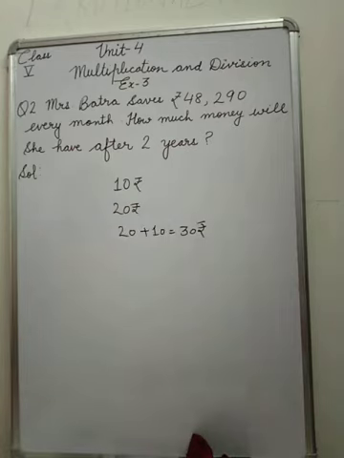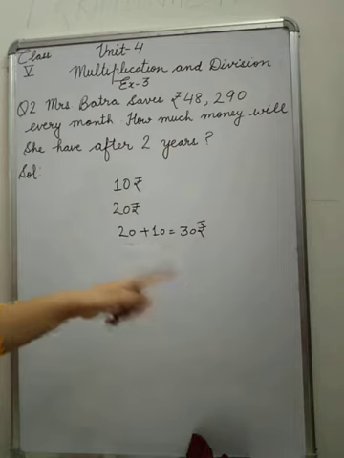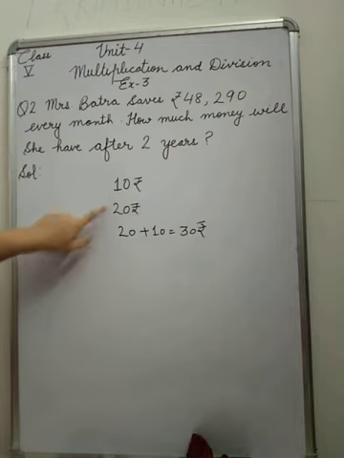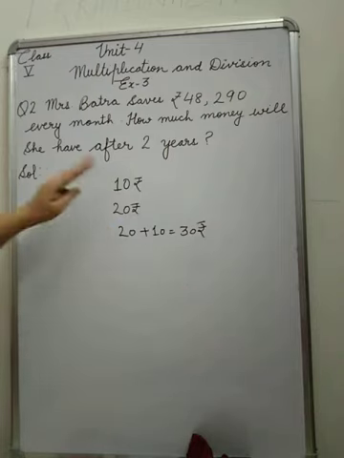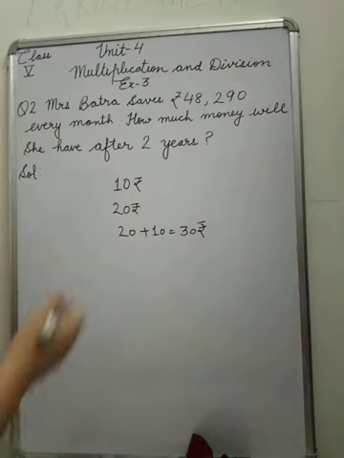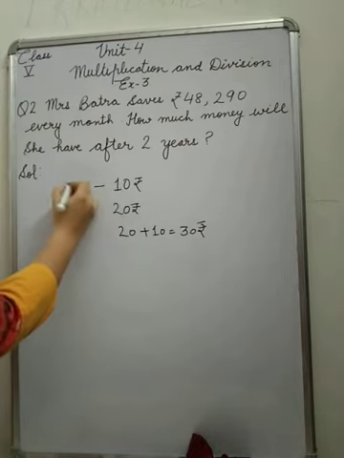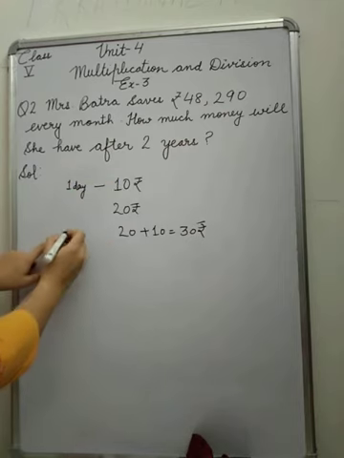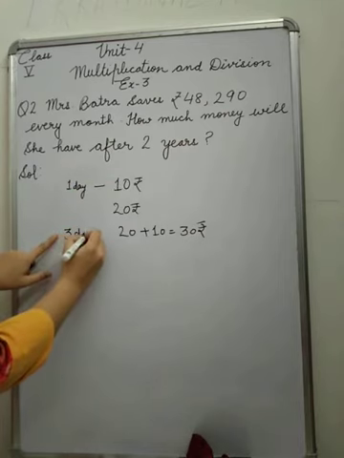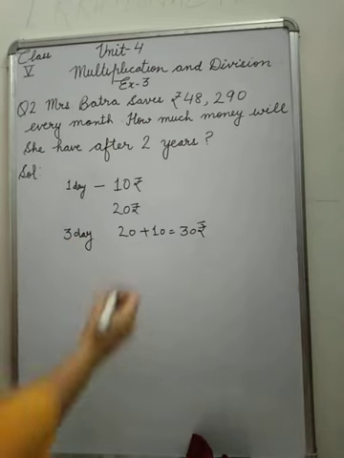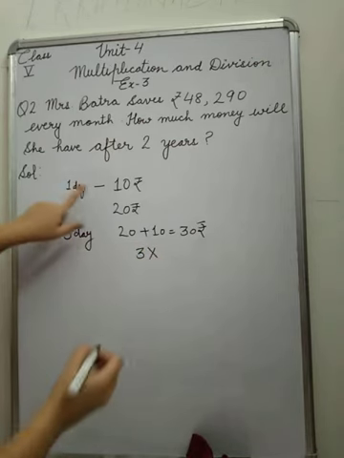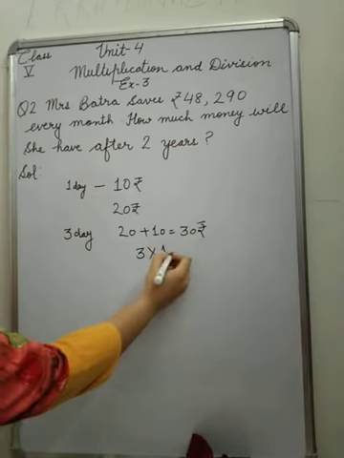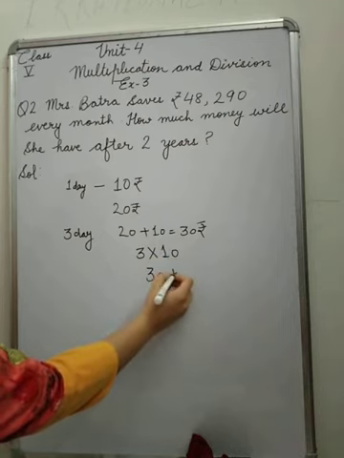That means your pocket money is increasing: 10, 20, 30. So on the third day it is 3 into the pocket money for one day, that is 10, that means 30 rupees.